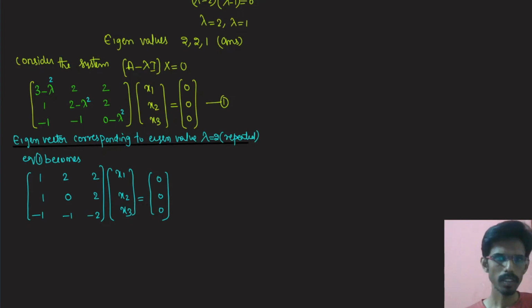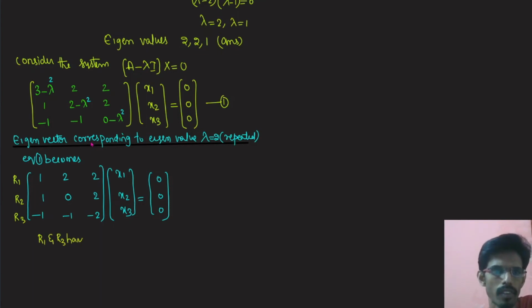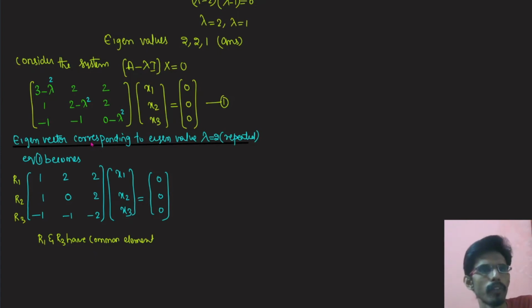Now this system has 3 rows, R1, R2, R3. Now see, do row 1 and row 3 have common elements?